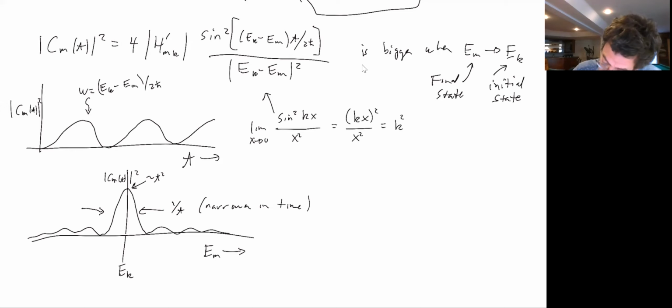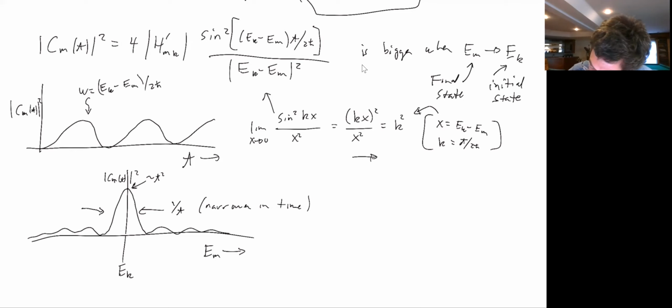And so here I would say that kx is equal to this ek minus em, and k is going to be equal to t over 2h bar. And so then we can see that the limiting value is going to go as t squared over 4h bar squared.